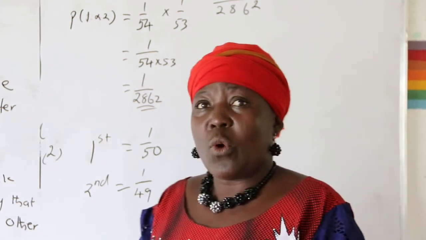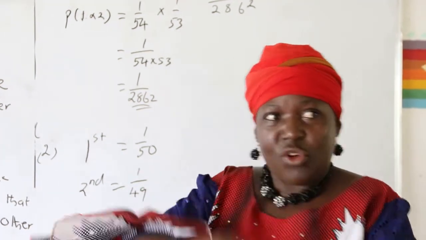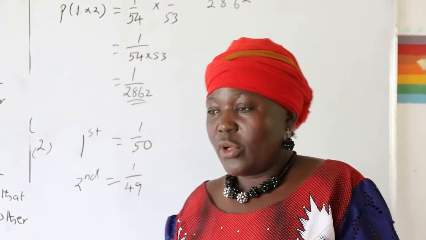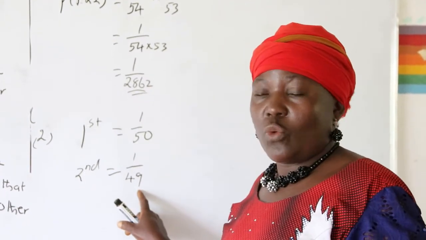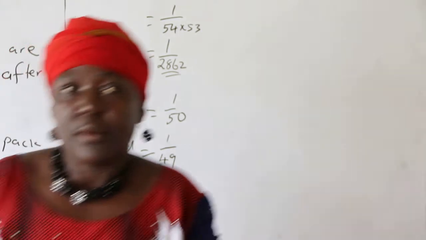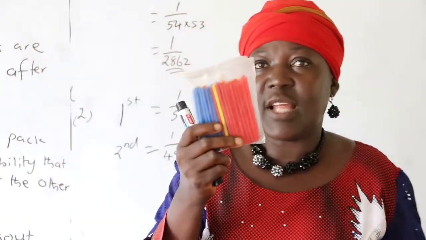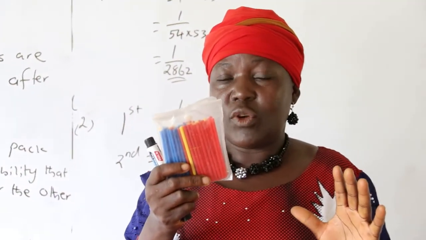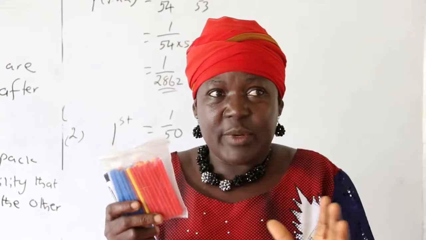Remember the other one was 1 over 50; this one I didn't return, so it will be less by 1. I'm left with 48 of them because I picked 2 without replacement.